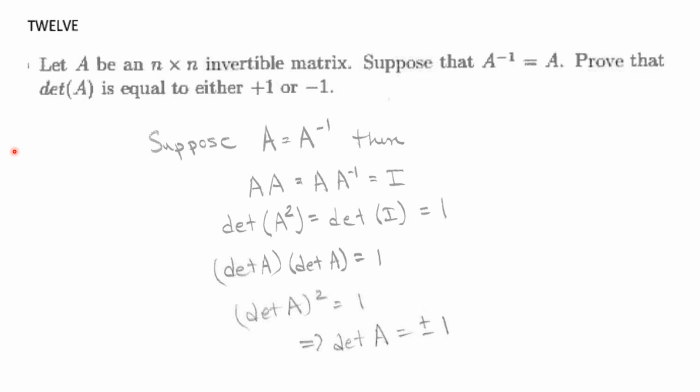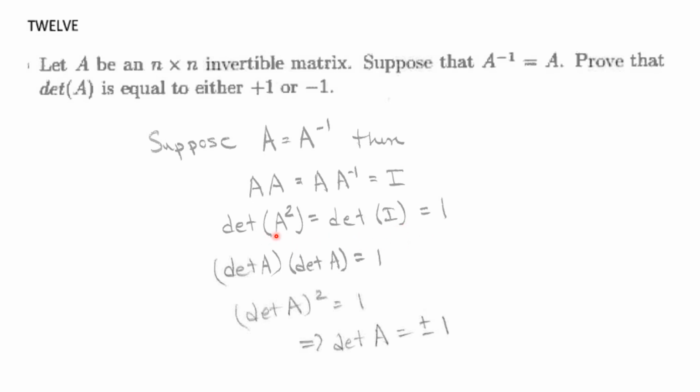The last problem was number 12. We were to say if A is an n by n invertible matrix and A inverse is equal to A, we want to prove that the determinant of A is equal to either plus or minus 1. Suppose that A is equal to A inverse. Then A times A is the same thing as A times A inverse, which is equal to I. So the determinant of A times A, or A squared, is equal to the determinant of I, which is 1.